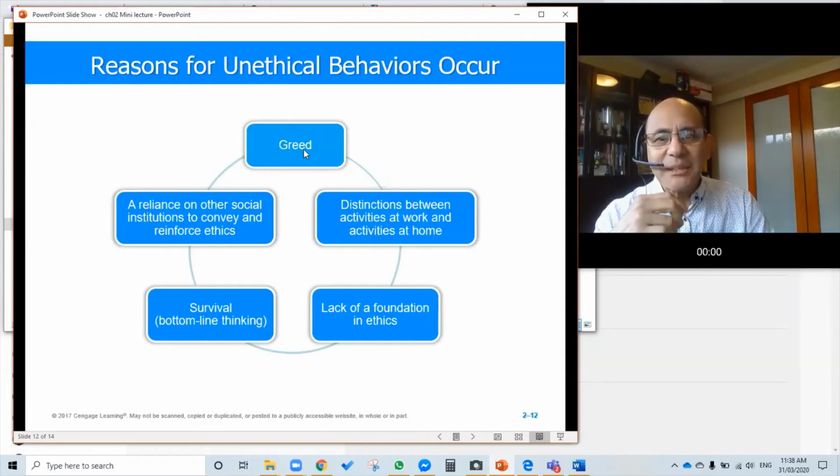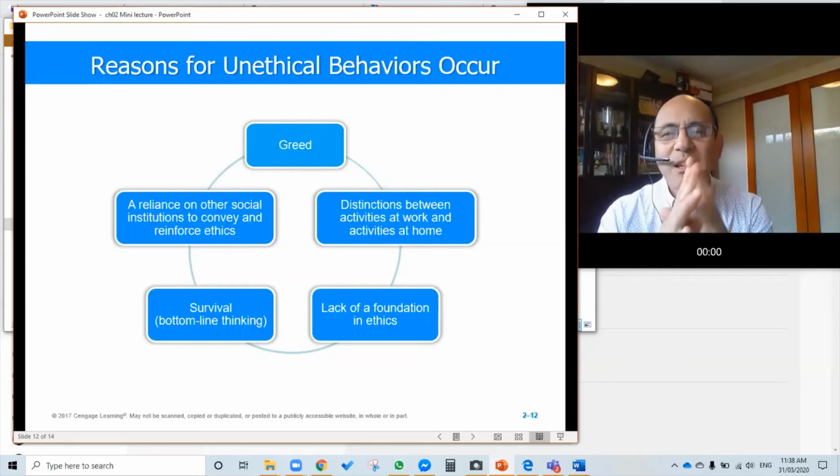A great example of this actually is Volkswagen. As a corporation, they were guilty. The government found out that they were cheating on their emissions testing. Emissions are the pollutants that come out of your cars.